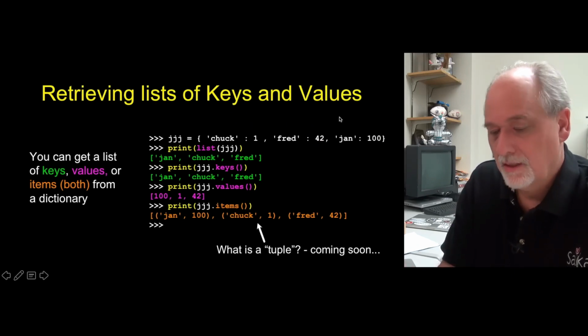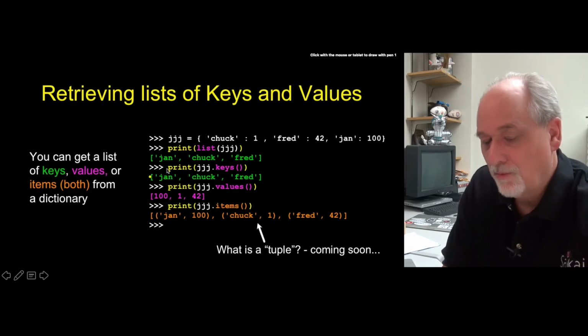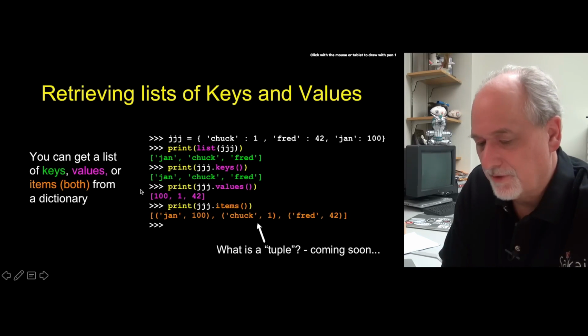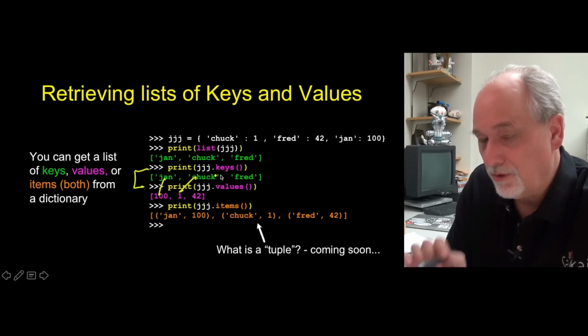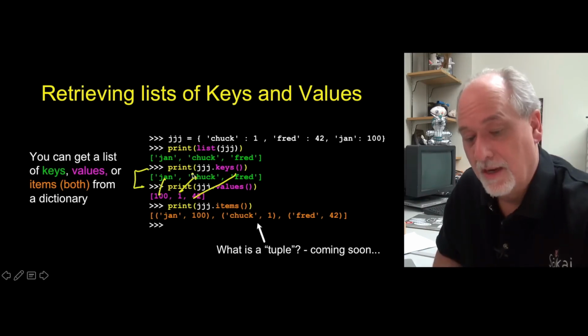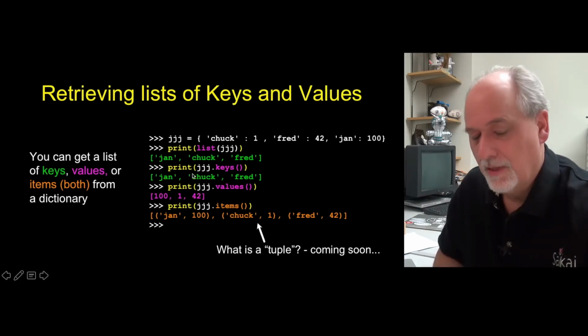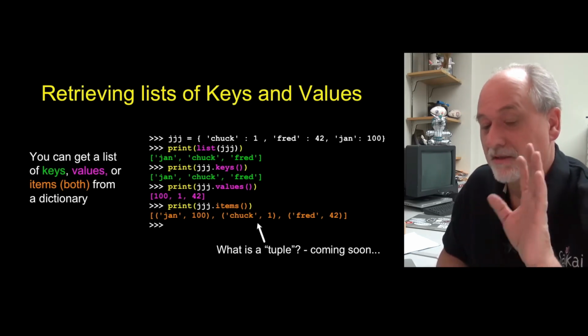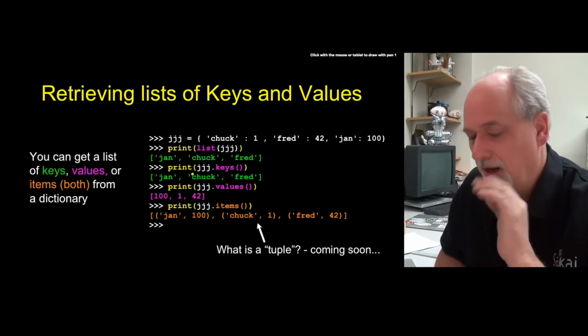So that's nice. Now the one thing is that while I said you can't predict the order, if in 2 statements you ask for the keys and then the values, they at least come out in the same order, even though you can't necessarily predict the order that they come out. They come out in the same order. And then there is a third thing that we can do, and that is ask for the items.